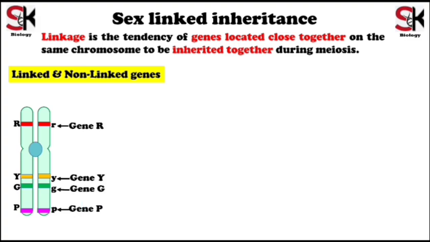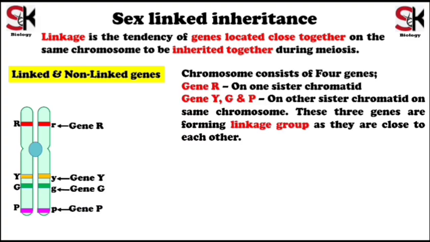You can clearly observe that position of 4 genes is specific. Gene R is on one sister chromatid and genes Y, G, P are on other sister chromatid. These 3 genes form a linkage group as they are on the same sister chromatid.